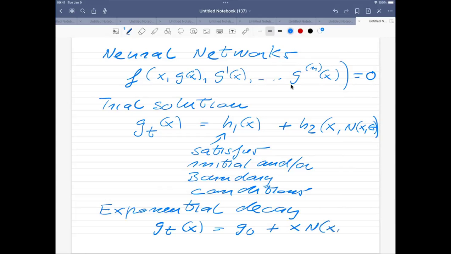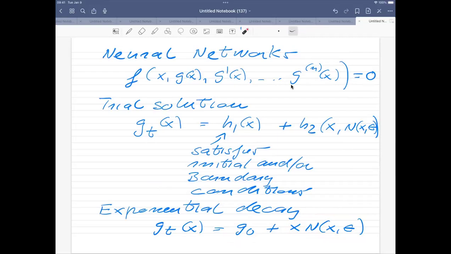So this function h2 could simply be us setting up the neural network here. And you see now that when x is equal to 0, in this specific case, this term is 0, and the solution is simply given by g0. So in this particular case, this function h1 is now given by the constant g0, which defines initial conditions.